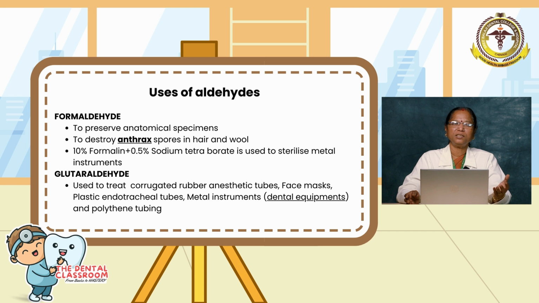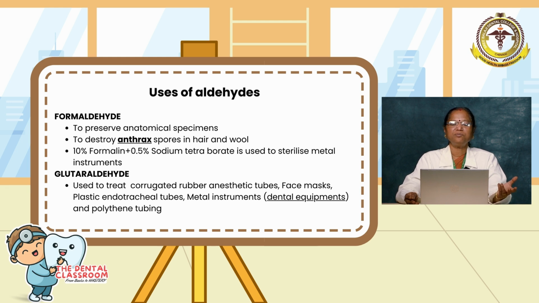I hope you all know decomposition is mainly caused by bacteria and microorganisms. When you place tissue in formalin, no microorganisms can survive, so no decomposition occurs. The tissue is intact, and you can take sections and observe the tissues directly under the microscope. So formaldehyde is mainly used to preserve anatomical specimens and biopsies.